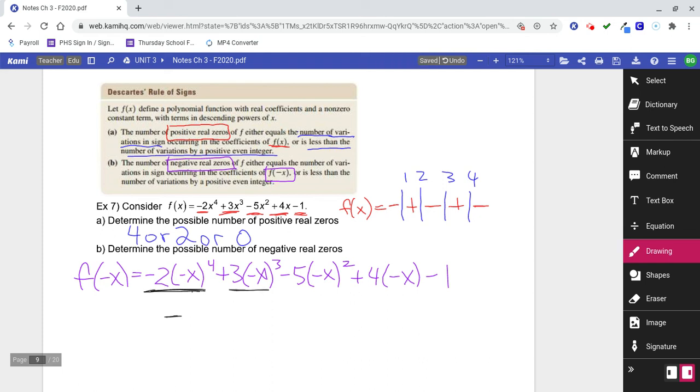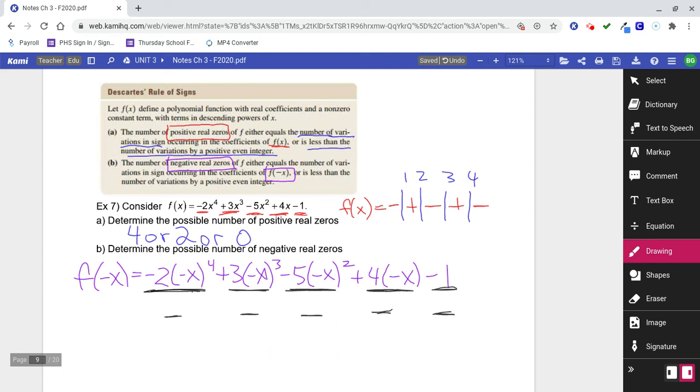And then I look at the next term, and I see how many negatives there. I see 3 negatives, so that's going to be a negative result as well. The next term, I see negative 5 times negative x squared. There are 3 negatives there as well. That's going to be negative. And the next term has 4 times negative x. Well, that's definitely negative, and this one is definitely negative.